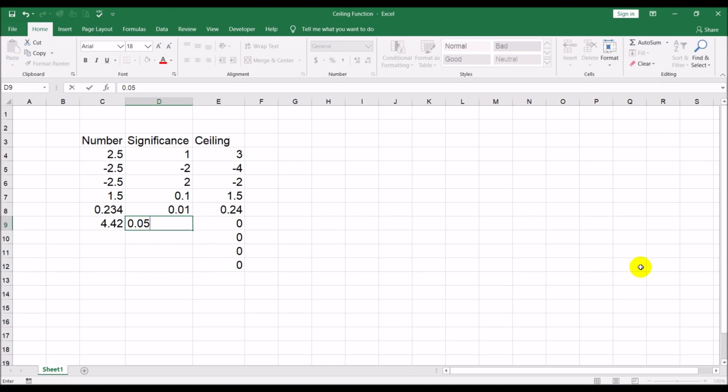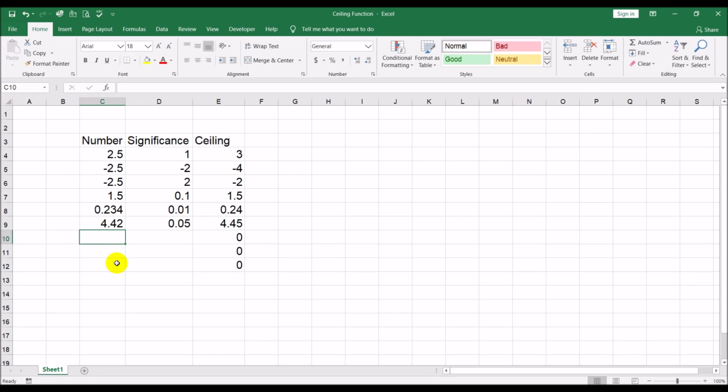And what that would do is it will look at the number here, which is 42, and round up to 43, still not a multiple of 0.05, 4.44, not a multiple, but 4.45 is a multiple. So the answer would be 4.45. So basically, instead of charging $4, 4 dimes, and 2 pennies, you're charging $4, 4 dimes, and a nickel. Okay, because you can't take pennies, and so you got 4.45.